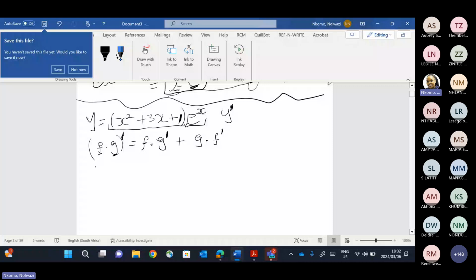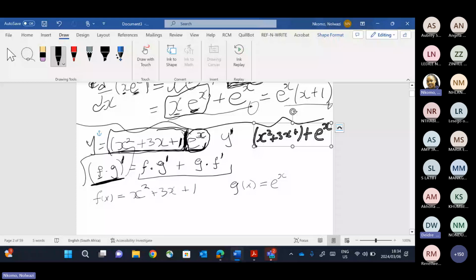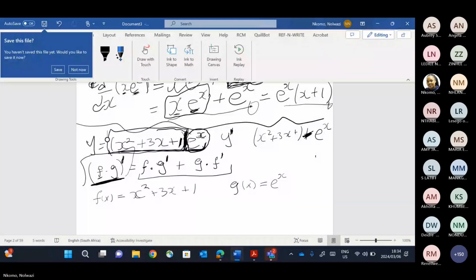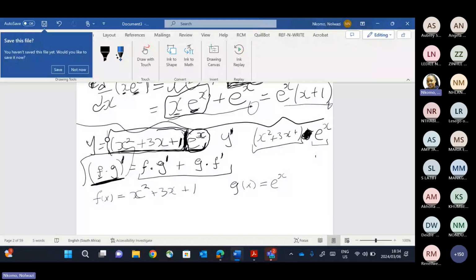If we had x squared plus 3x plus 1 plus e to the power x, we would have been using rule 4. If this was a minus, then we would have been using rule 5. But since there's no sign, it means there's a multiplication here, a product of this function and this function. So we are using the product rule, which is rule 7. Is it fine?